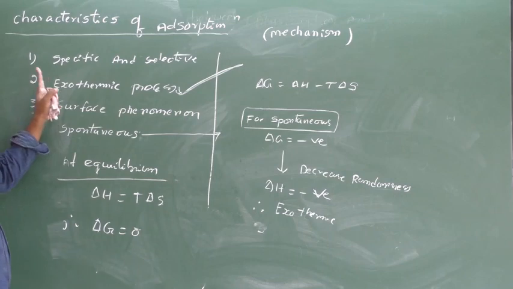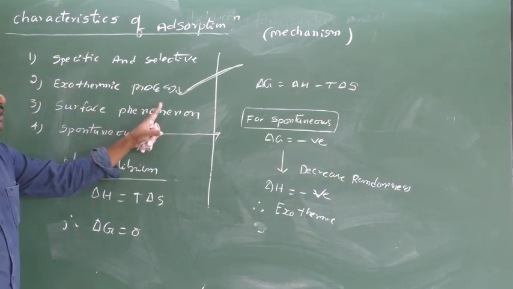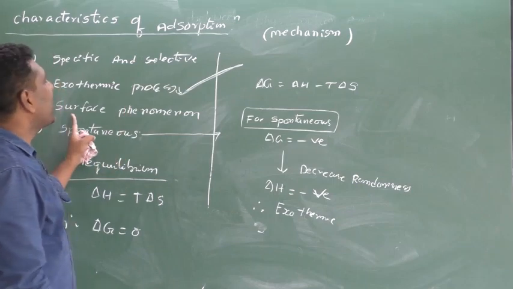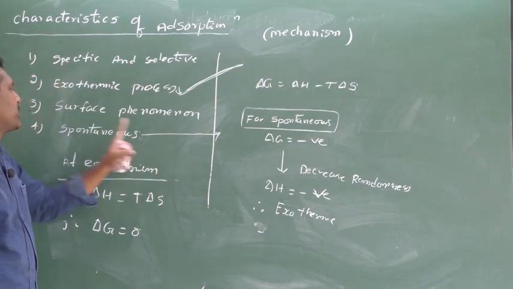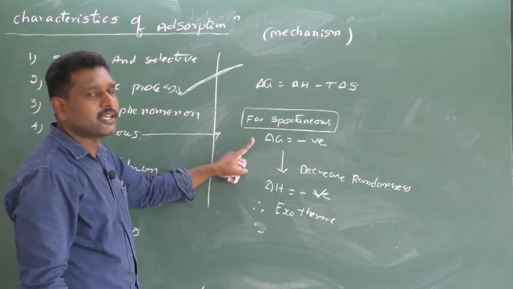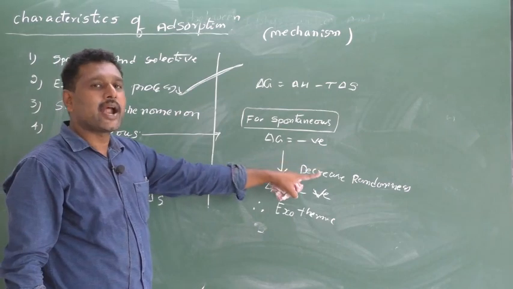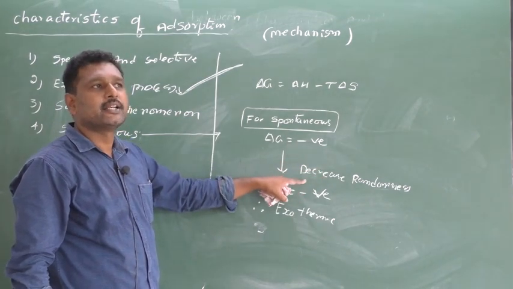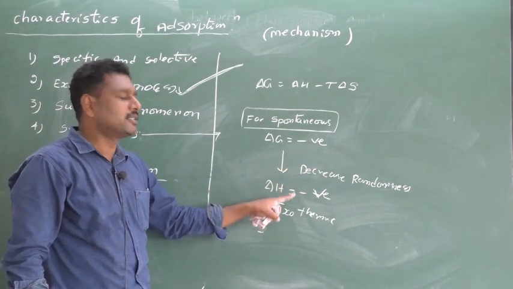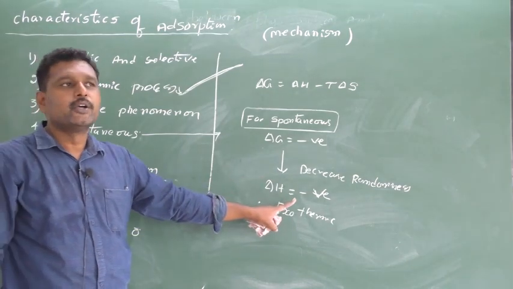So adsorption is a specific and selective process. It is an exothermic process, a surface phenomenon, and also a spontaneous process. In any spontaneous process, delta G is negative. Simultaneously, randomness or entropy decreases. Due to the decrease in randomness, delta H is ultimately negative.